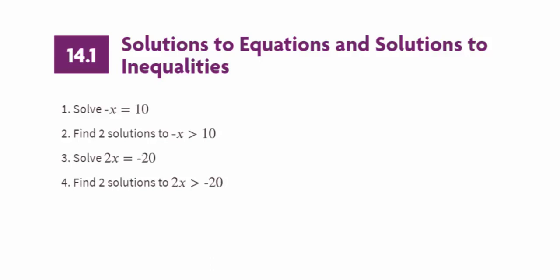Solutions to equations and solutions to inequalities. Solve negative x is equal to 10. So if I put a 10 in for x, that would mean negative 10 is equal to 10. So that's not true. This is a little bit confusing if they have a negative sign in front of the x. This means negative whatever x is.